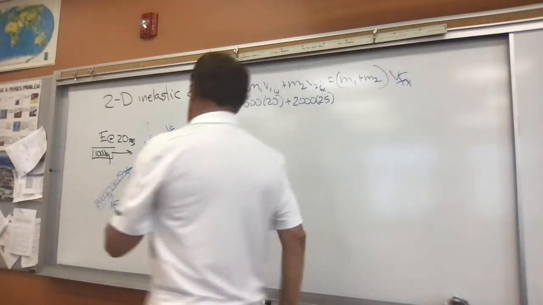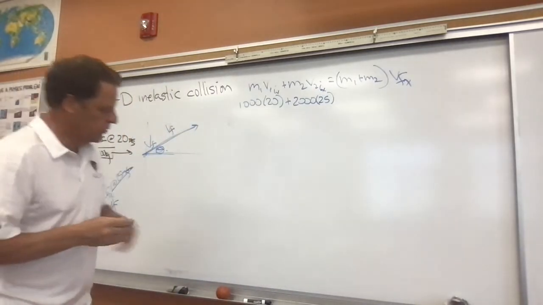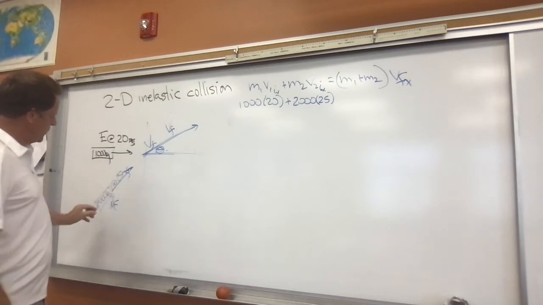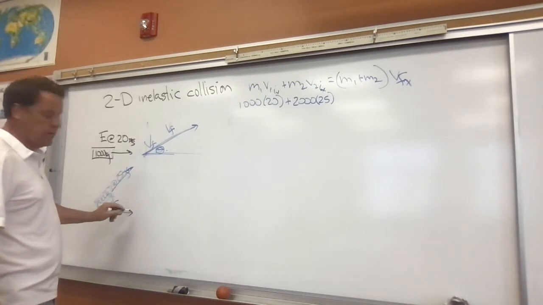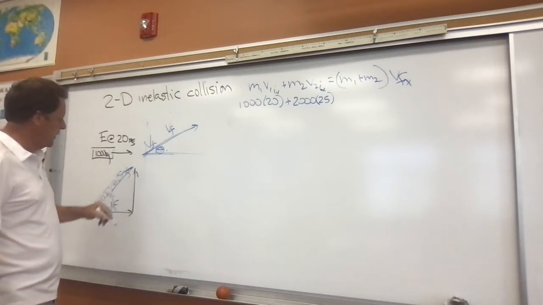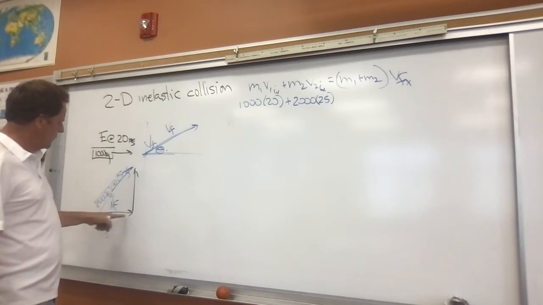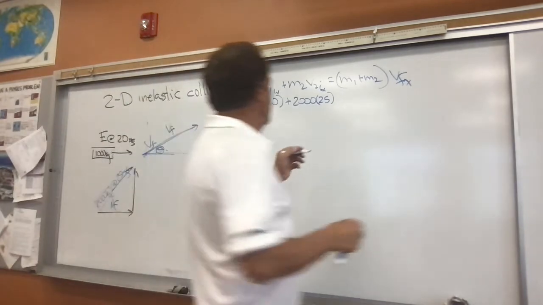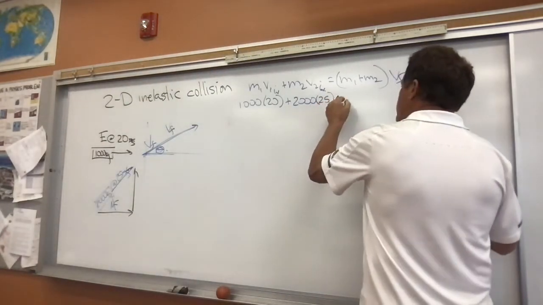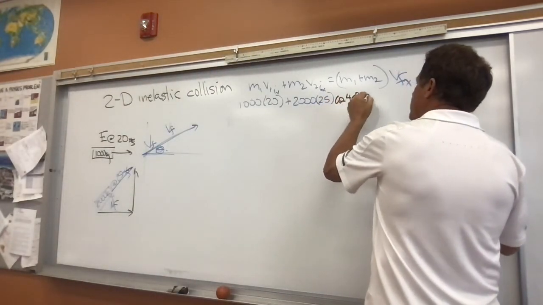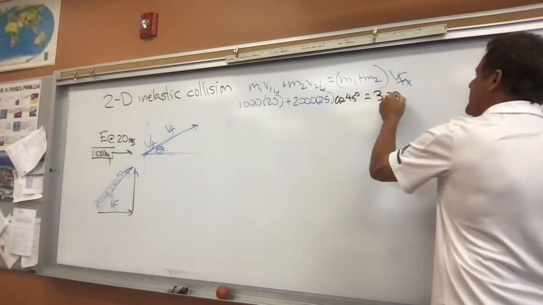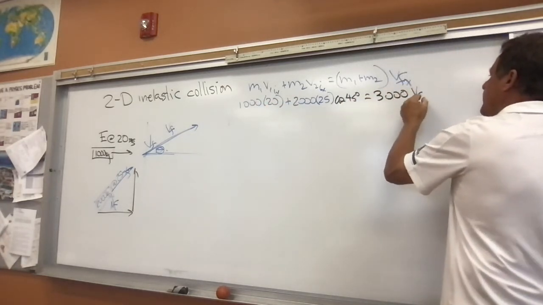But if we go back to here, we will notice that this one right here is going at an angle. So we're going to have a velocity in the x and a velocity in the y. And this velocity in the x is going to be the cosine of 45 degrees. So we're going to add cosine of 45 degrees. 1,000 plus 2,000 is equal to 3,000 v final x.